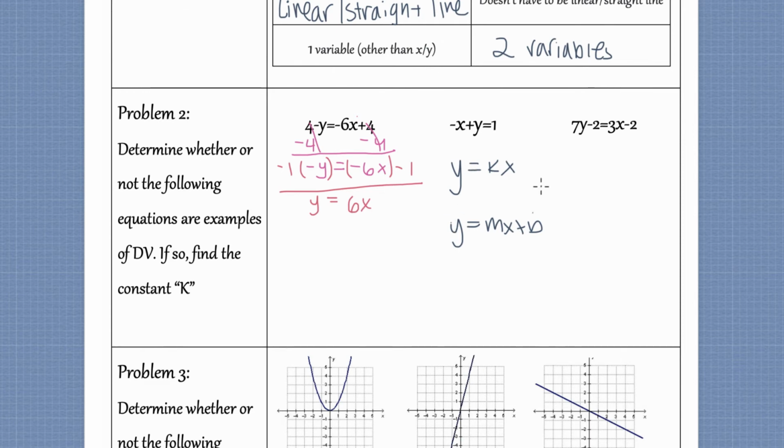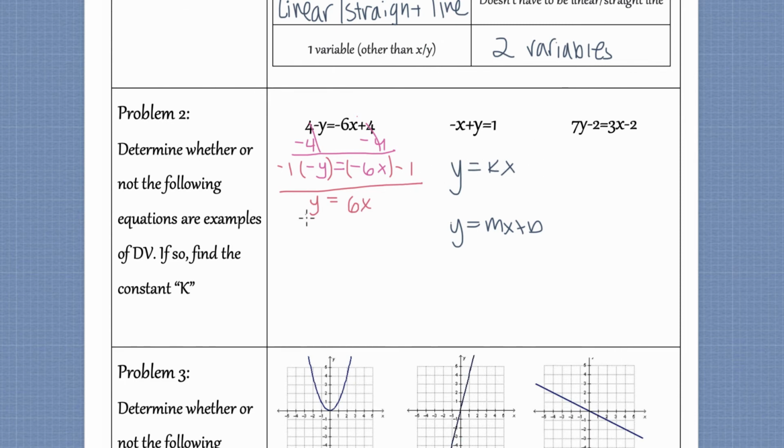The only difference between the two is that there are different variables for slope, and that in the non-direct variation equation, we have a plus b here, which indicates that there's going to be a y-intercept that's not 0. Whereas in the direct variation equation, the y-intercept is just 0, so it's not shown in the equation.